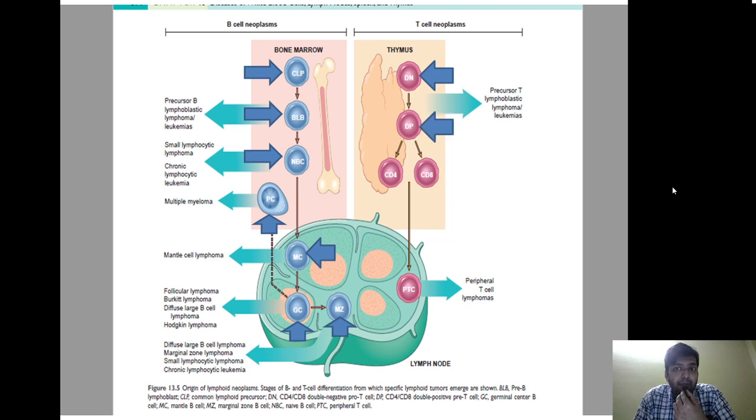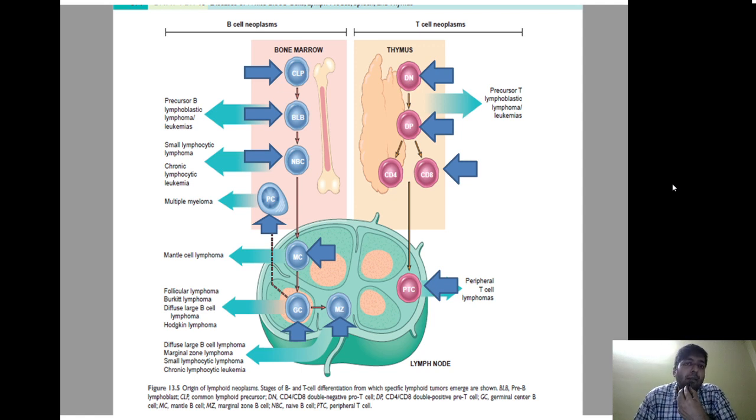Then they become double positive in the maturation process, that is, the cells have both CD4 as well as CD8, and finally they mature to form two forms. One is the CD4 plus T cell, that is the helper T cell, or they form the CD8 plus T cell. An individual cell will have just a single type, either CD4 or CD8. CD8, if you remember, are cytotoxic T cells, and they are going to come and occupy the paracortical region.